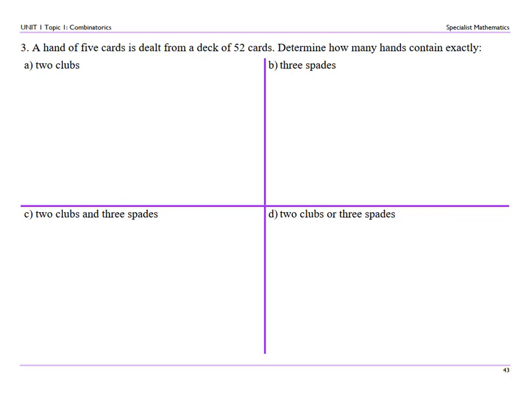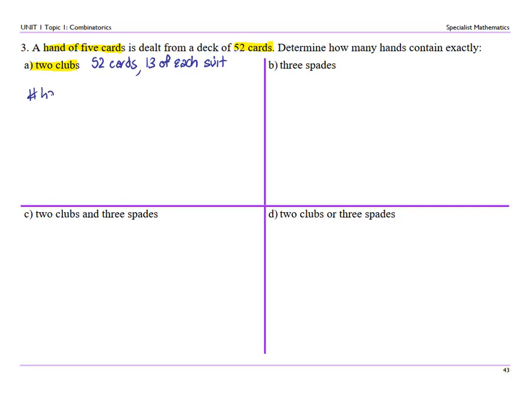Next, a hand of 5 cards is dealt from a deck of 52 cards. Determine how many hands contain exactly 2 clubs. So 52 cards, and there's 13 of each suit.